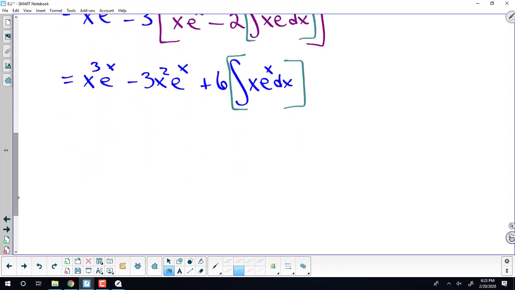So now that's n equals 1. The reduction formula says that that's x to the n e to the x minus the integral of n times x to the 0.